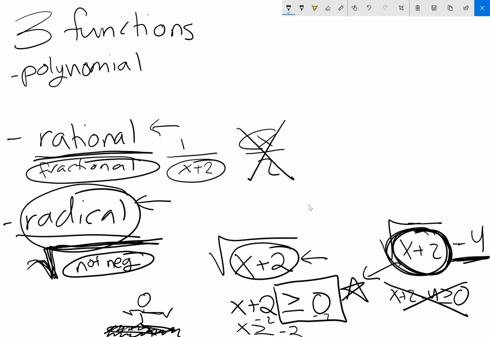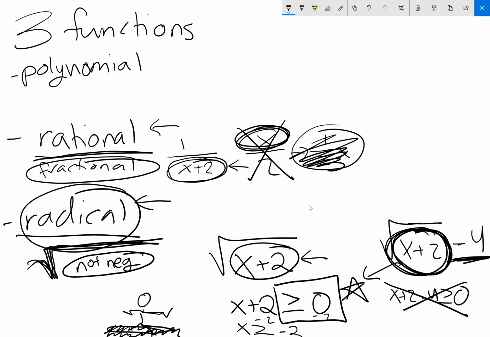Why? Because the input is up here. We could technically write this as 1/2 x. There's nothing we can put in for x that'll break this, so it's not a rational function. But when the denominator is a variable, it's possible that the denominator could equal 0. That's where our issue is, and that's what makes this rational.